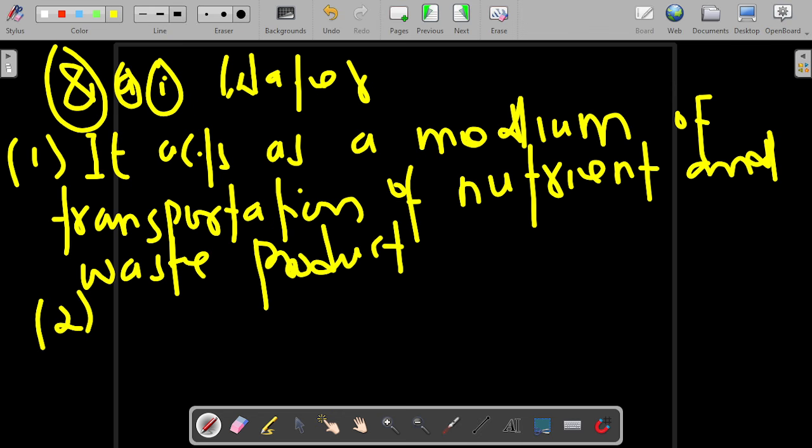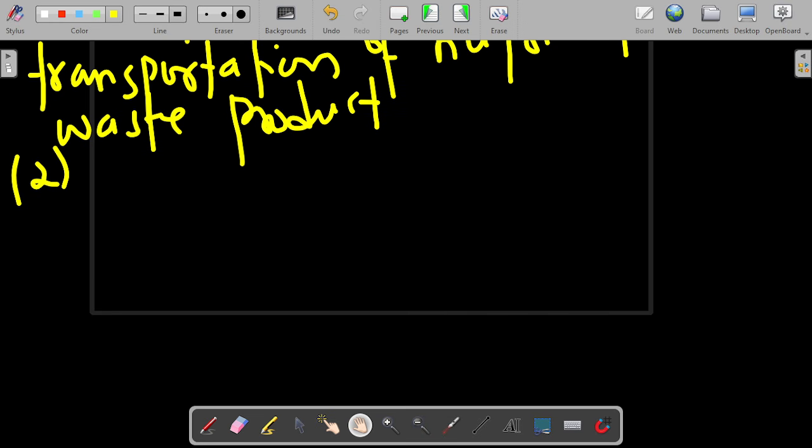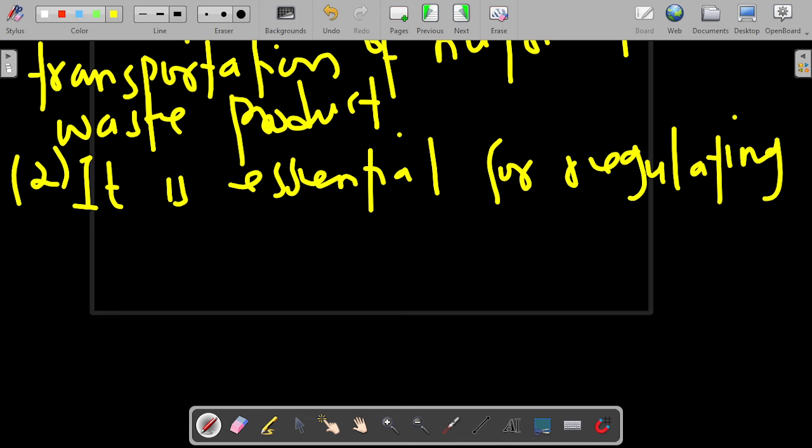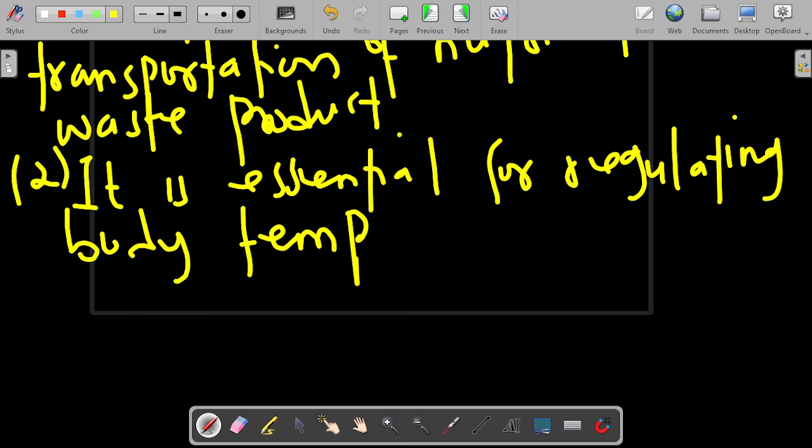And 2, it is essential for regulating body temperature. Regulating body temperature.